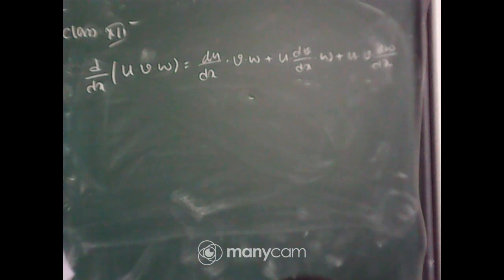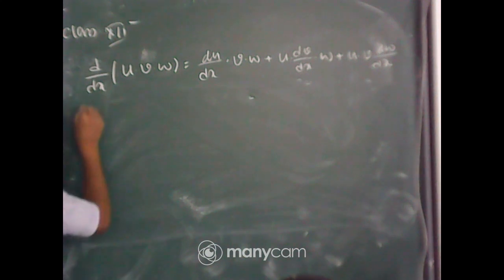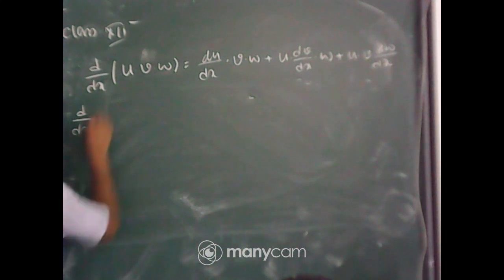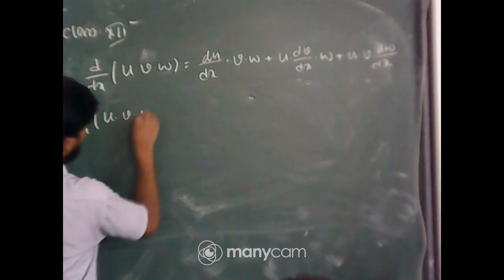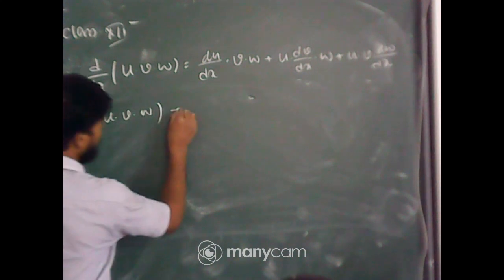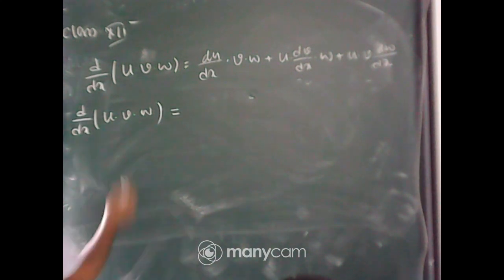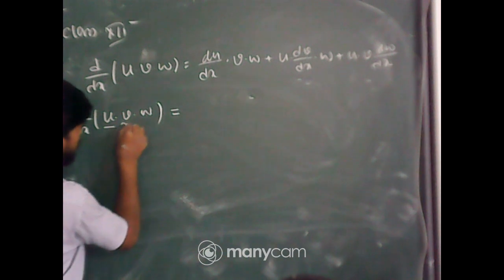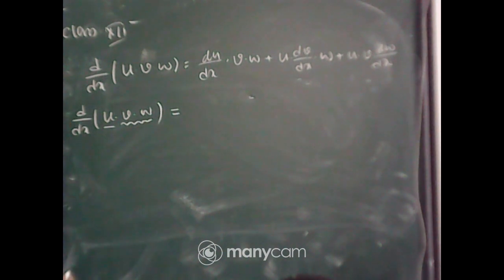Okay. Now we are starting from the left hand side. So d dx of u into v into w, that is equal to, now what we will do, we will consider this as the first function and this as the second function, and we will use the product rule.